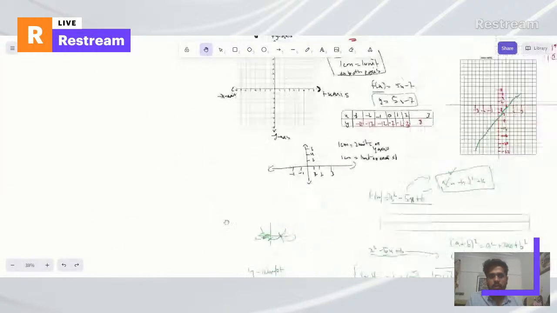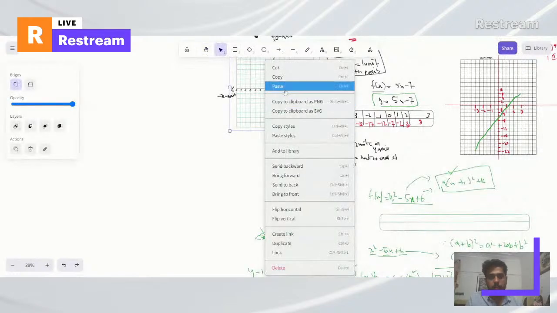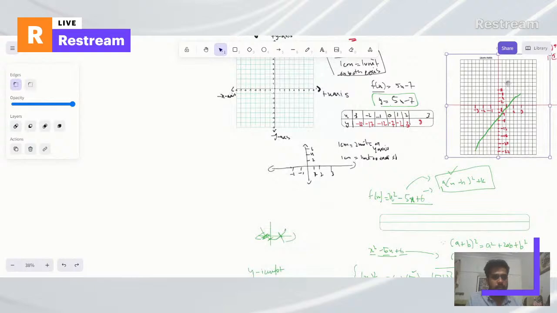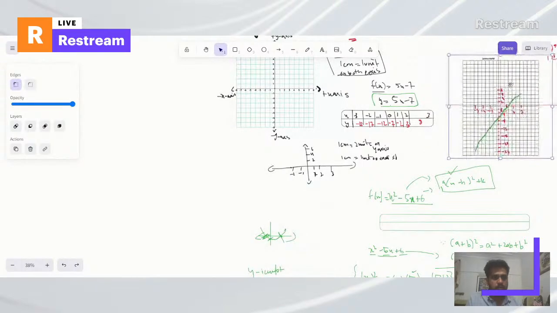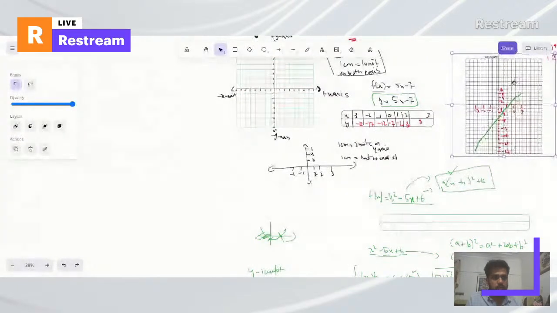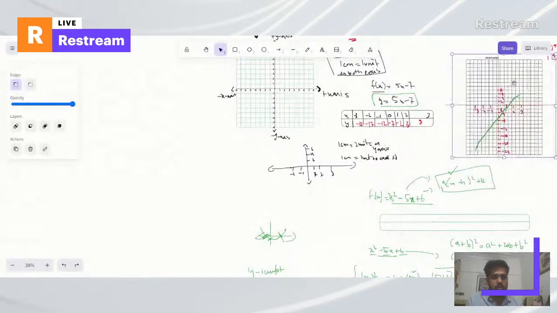So now what we're going to do is take this graph. I think I have it copied.